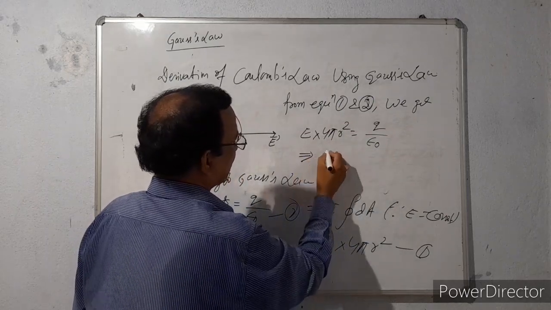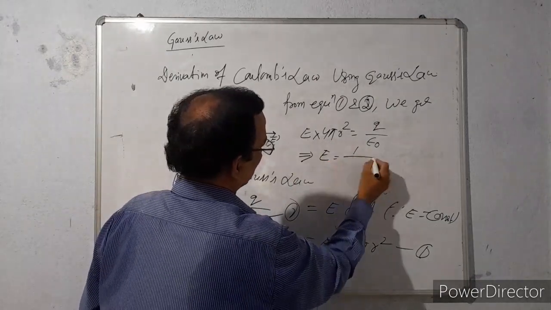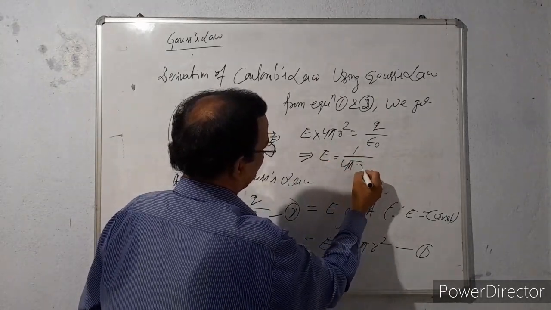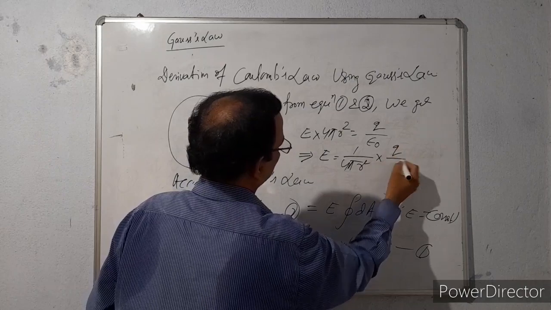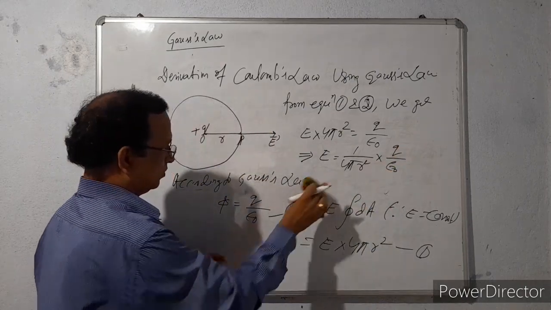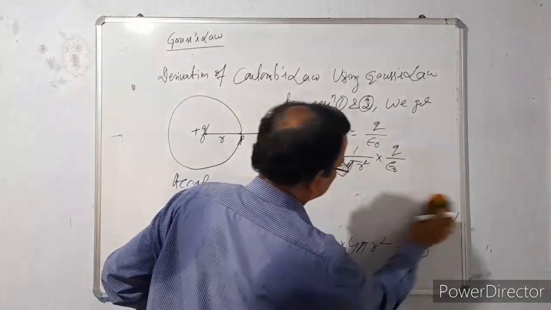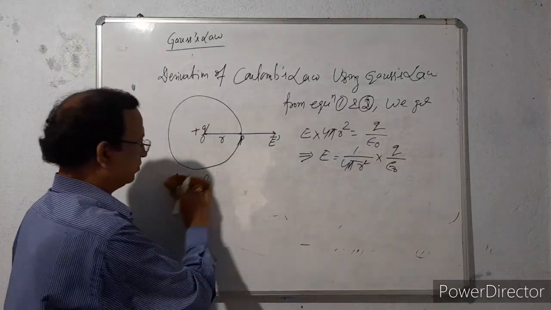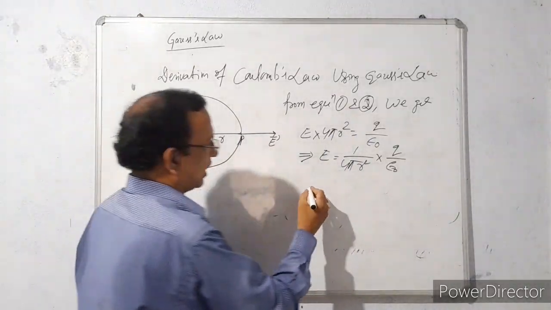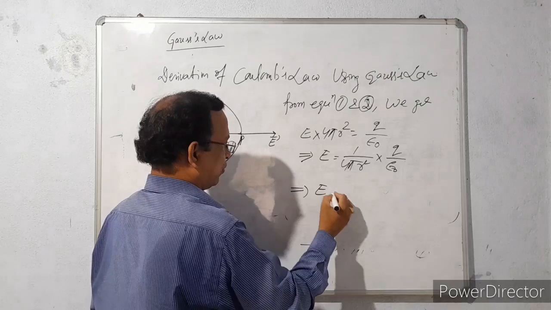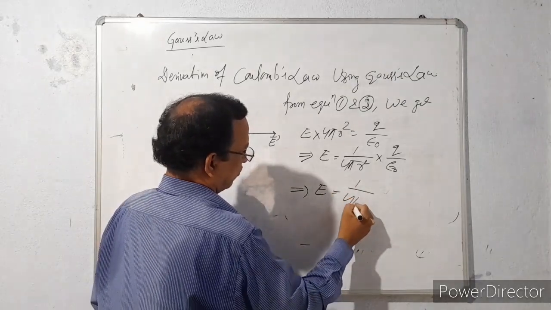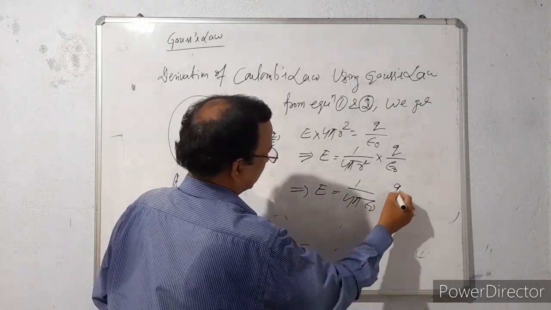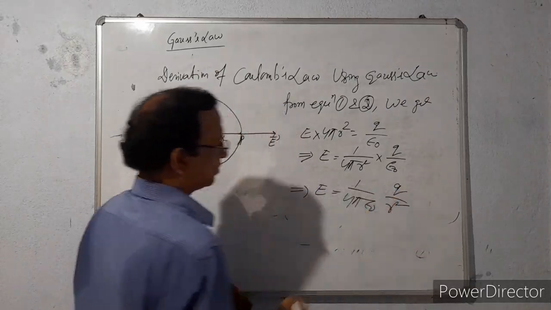So this implies E is equal to 1 by 4 pi r square into Q by epsilon naught. Clear? So E is equal to 1 by 4 pi epsilon naught Q by r square.